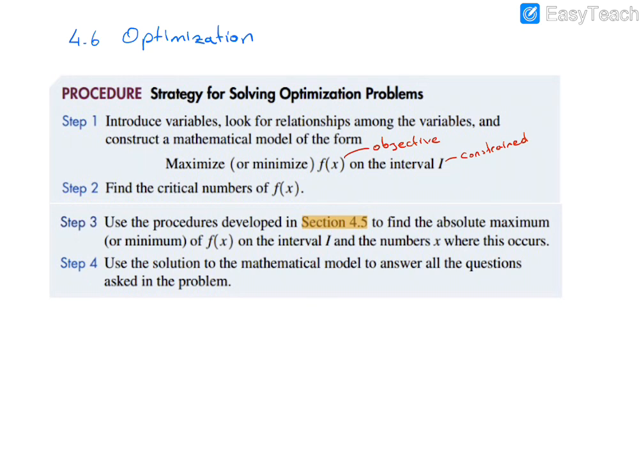So, by finding critical points, you can discuss the minimum or maximum. In step 3, use the procedure developed in section 4.5, the maximum and minimum procedure, to find the absolute maximum or minimum of the function f of x on the interval I and the number x where this occurs.